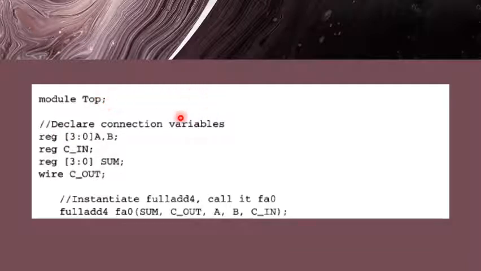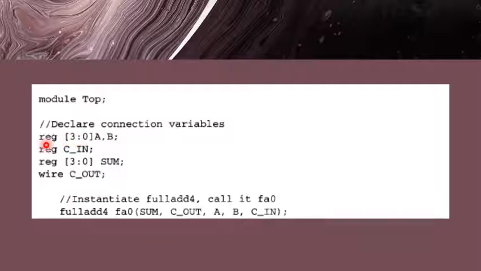There is no port list because the stimulus block is not going to interact with the external environment. This is going to instantiate the 4-bit full adder. The 4-bit full adder has two inputs which are 4 bits wide, that is A and B.